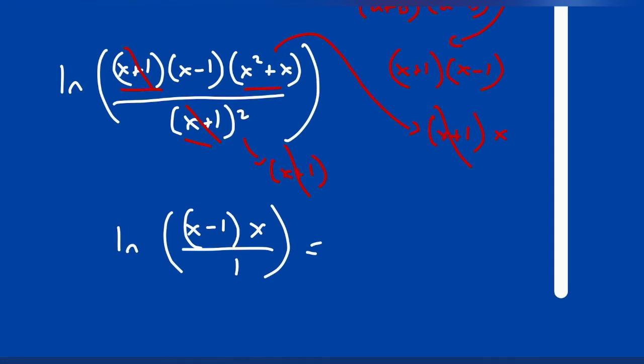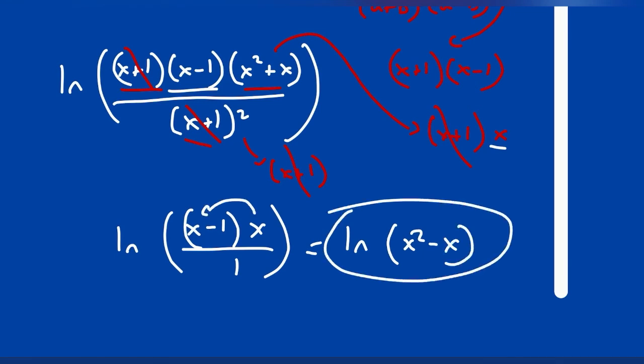And we have x here because of that, and we have the x minus 1 from here. So the final one would be x squared minus x, because the x has been multiplied into both. This should be the answer for this.